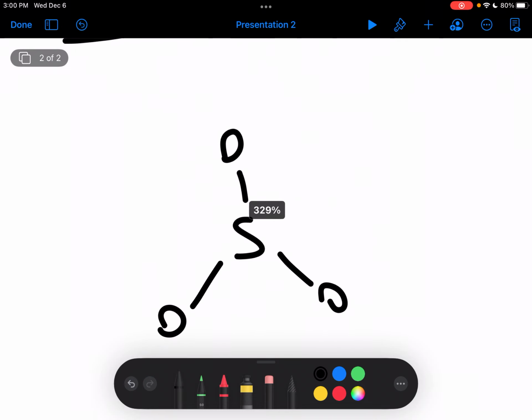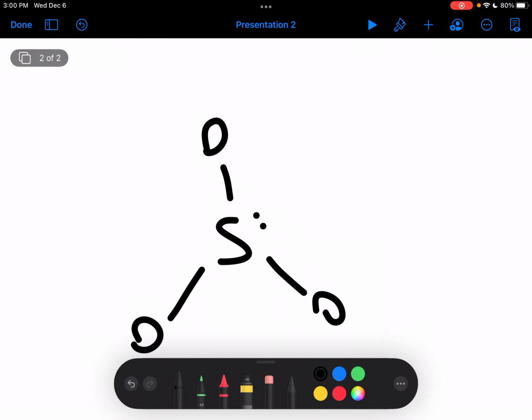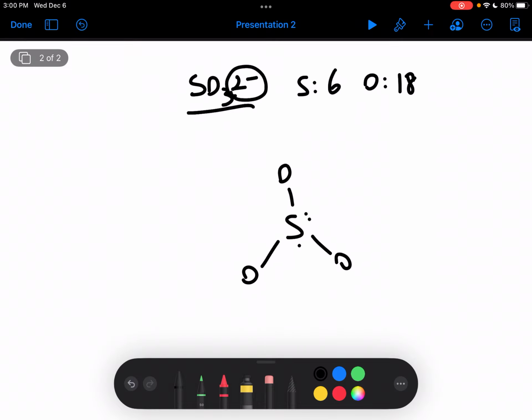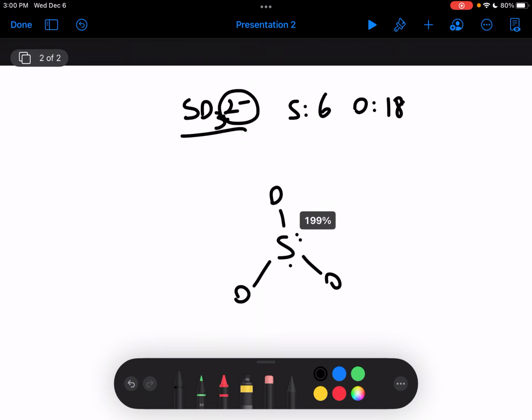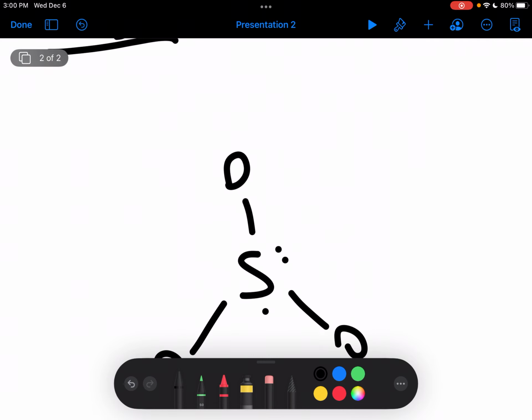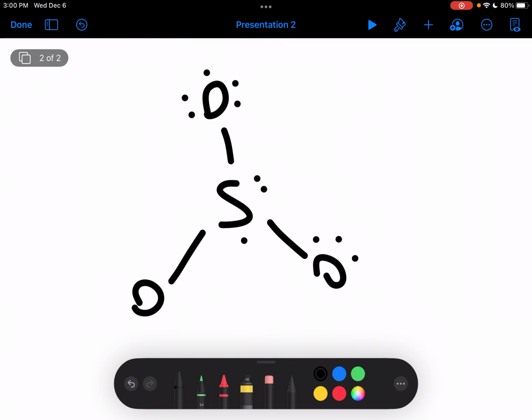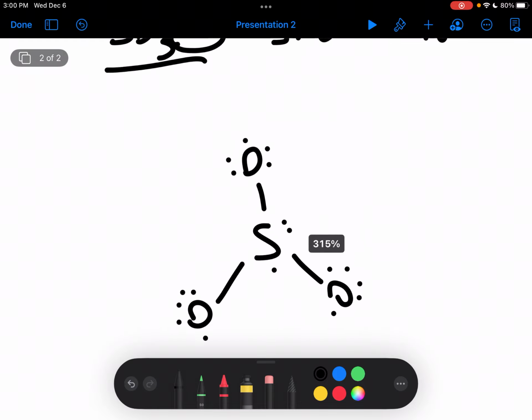That's going to be 3 electrons only, so we're going to have to put 3 more right here to have 6 valence electrons. Oxygen, on the other hand, has 6. However, it's also sharing 1 right here, so it's going to have 5 at first. But still 6 in total.